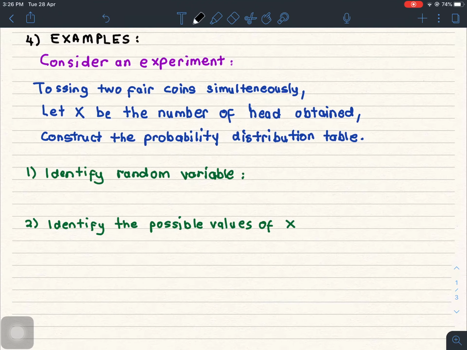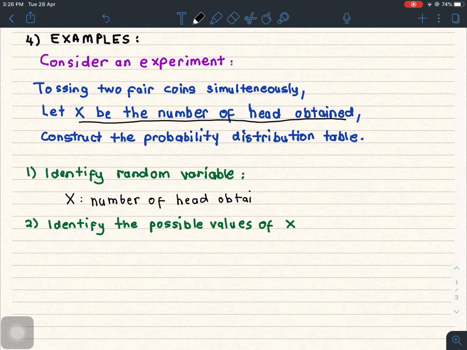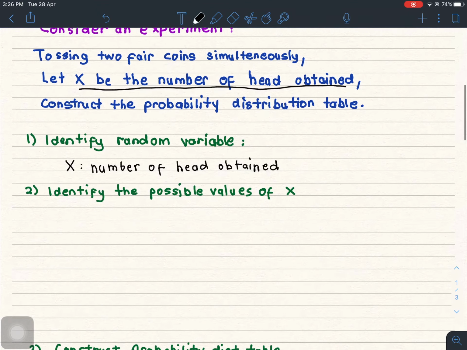Now over here, they already given that your random variable should be the number of heads obtained. So write it back. So x is your random variable with the number of heads obtained when tossing two fair coins simultaneously.